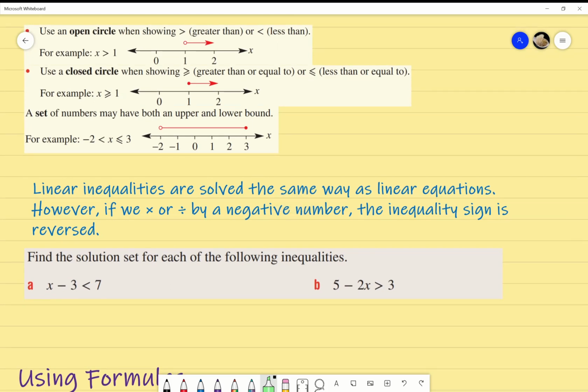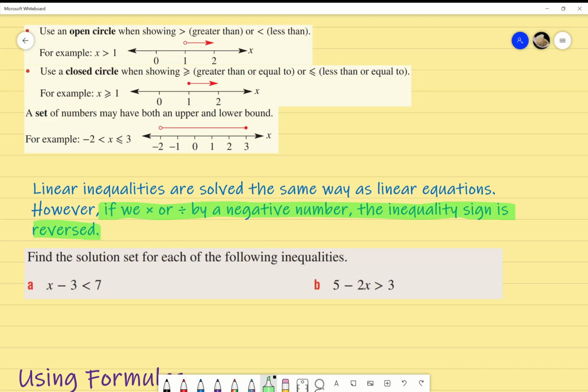Alright, so linear inequalities are solved the same way as linear equations. However, and this is the most important aspect when we're transposing, if we are multiplying or dividing by a negative number, we have to reverse the inequality. I'm going to ask you guys to write that down.